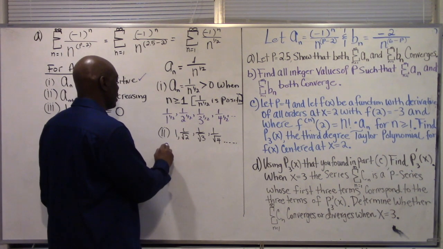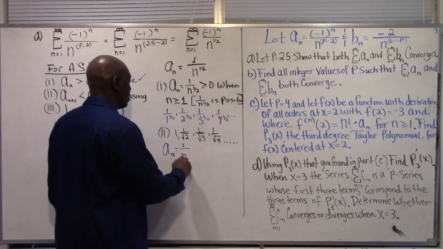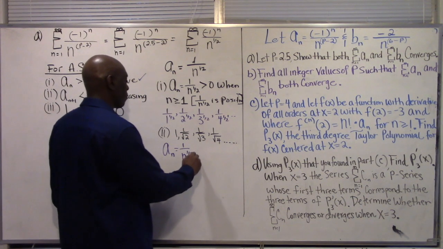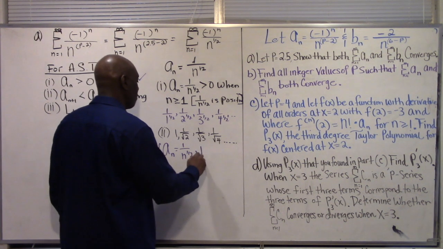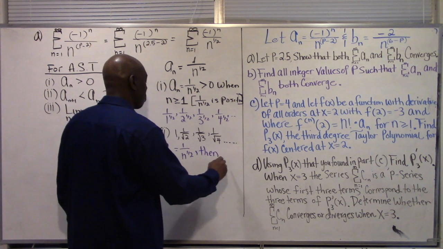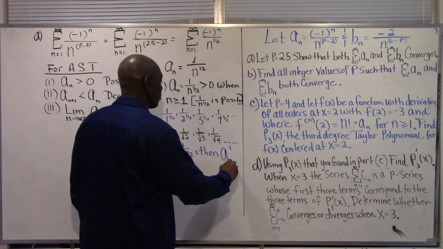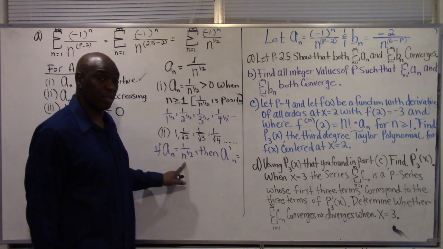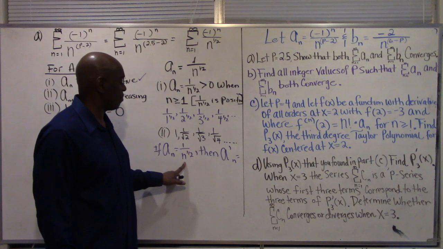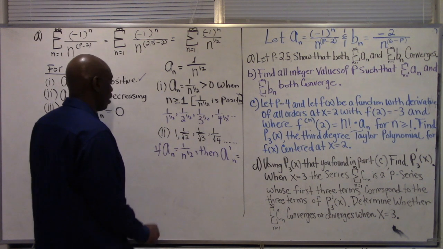All right? If a sub n equals 1 over n to the 1/2, if this is to be the case, then a prime of n. What is our derivative of this right here? What's the derivative of 1 over n to the power of 1/2? Well, let's see here.